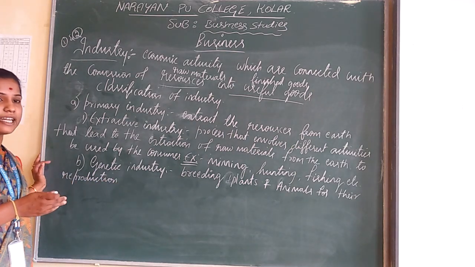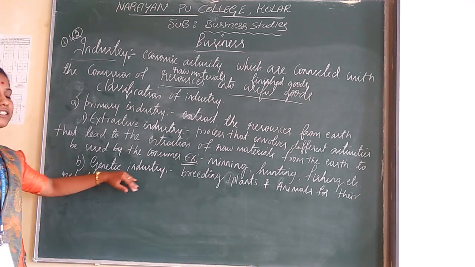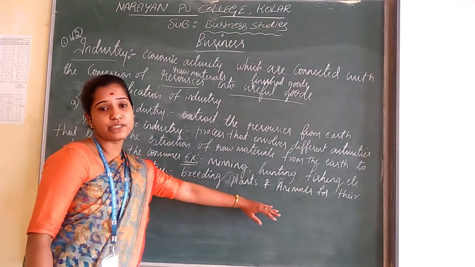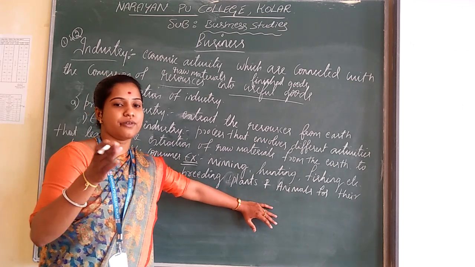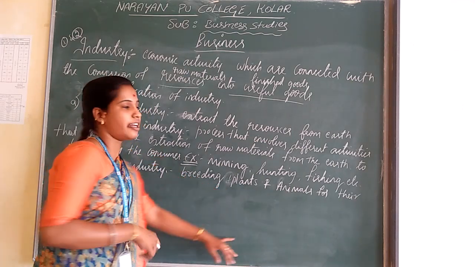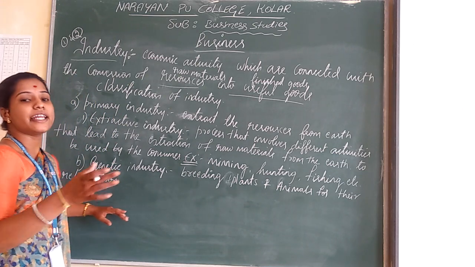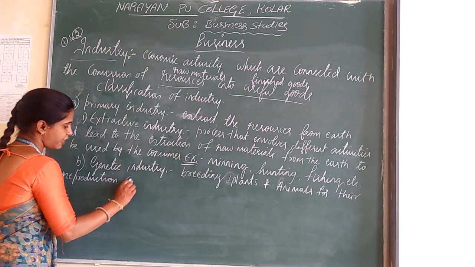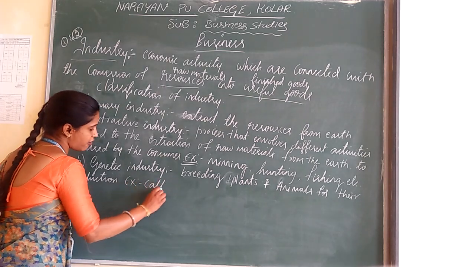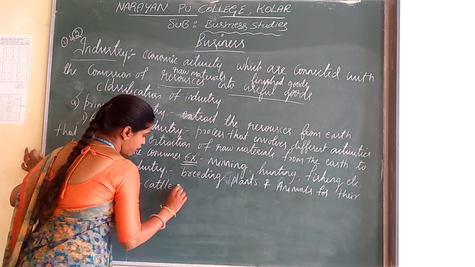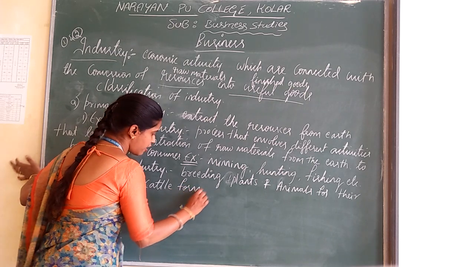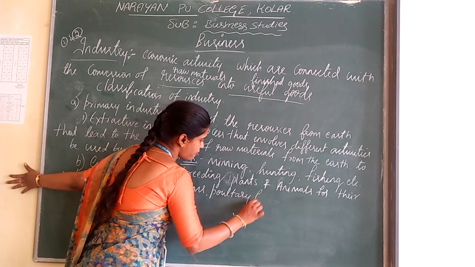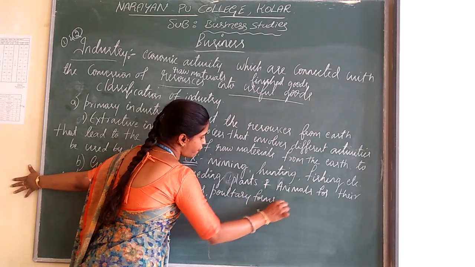So genetic industry refers to industries that involve breeding plants and animals for their use in further reproduction. Here they use these animals for reproduction. For example, cattle breeding farms and poultry farms.